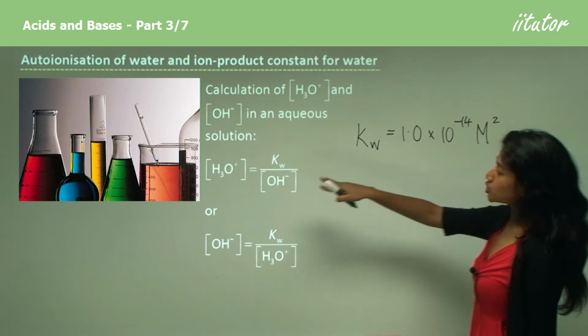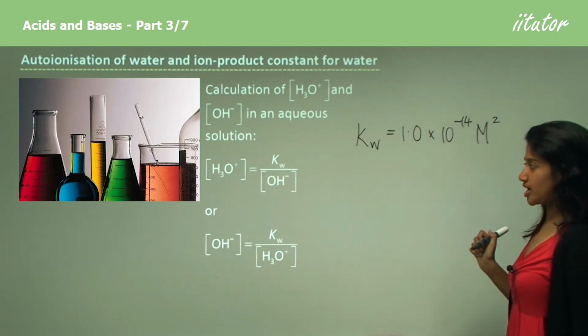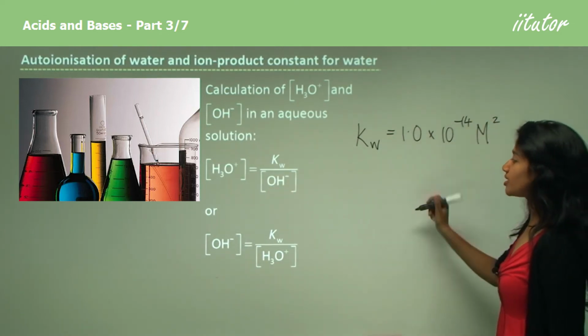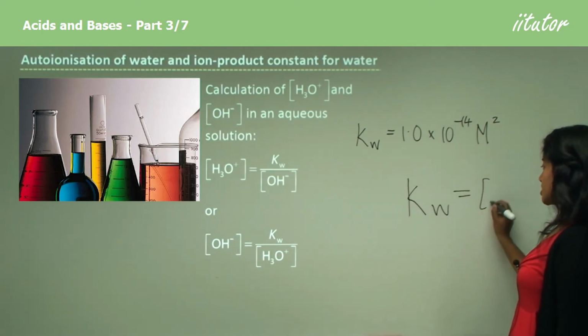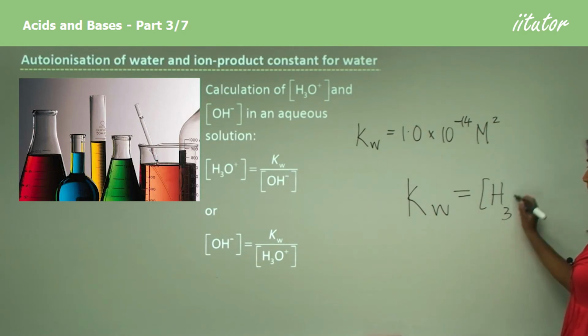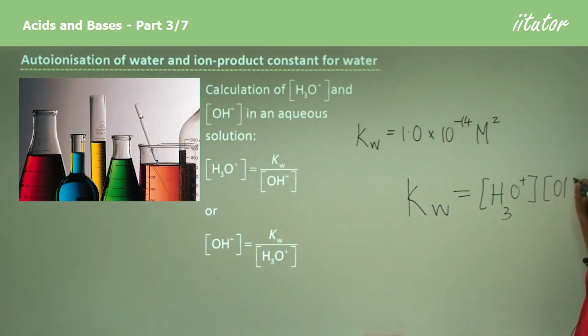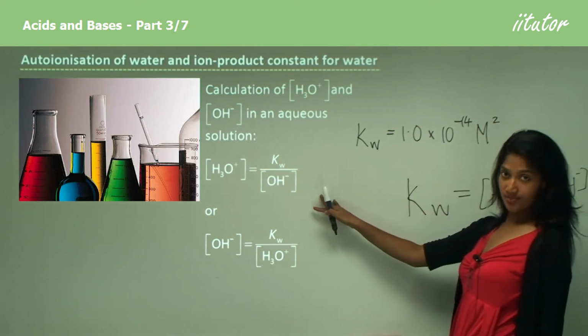So to work out the hydronium ion concentration, what you would do is rearrange this equation. Remember this equation that we used earlier on. So by simply rearranging this equation, we get this.